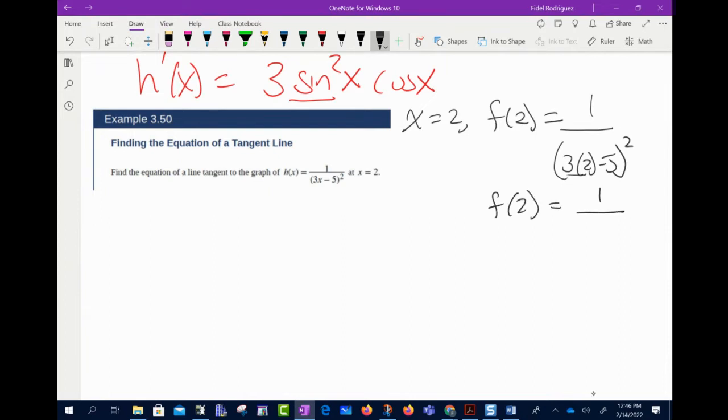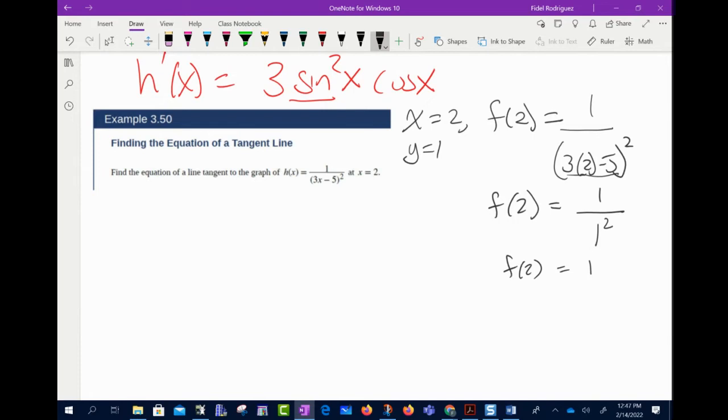Okay, so 3 times 2 is 6. 6 minus 5 is how much? 1. And 1 squared is still? Okay. So we know that f of 2 is equal to 1, right? Because 1 divided by 1 squared is still going to give me 1, right? Okay, so all that means, just to give you a heads up, y'all, is that my y value is 1, not 2.